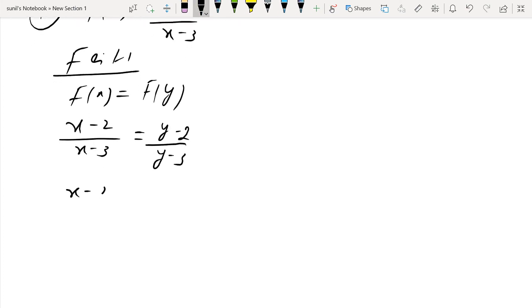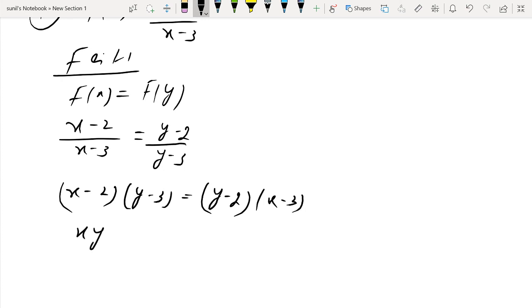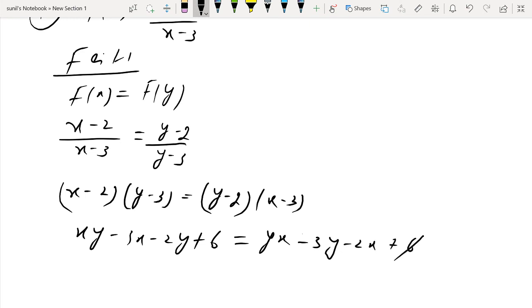We have to get the unique solution of it. Multiply it: xy minus 3x minus 2y plus 6 equals yx minus 3y minus 2x plus 6. Now this will get cancelled. Now it is minus x equal to minus y, x equal to y.